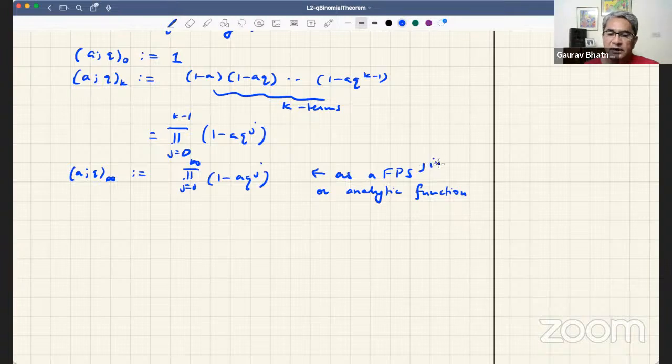This is in q, and q is called the base. Series associated with such products are referred to as basic hypergeometric series. The base comes from this q, and there are certain facts which we will prove at some point.